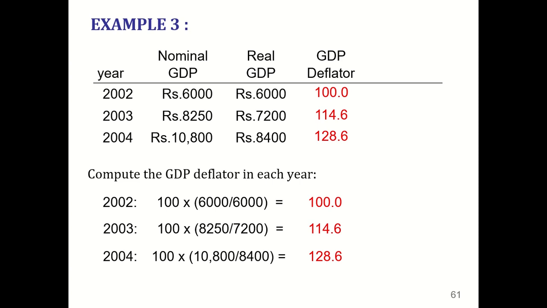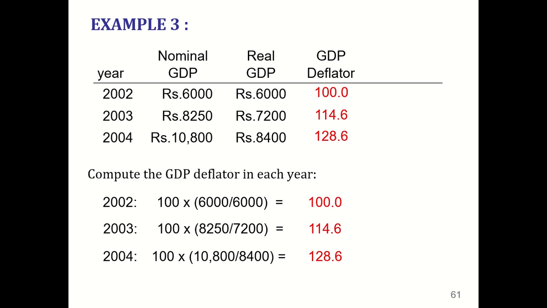Now what we are saying is that in 2003, the overall price level with reference to the base year was 114.6, and the overall price level with reference to the base year is 128.6 in 2004. Now inflation is measuring what?